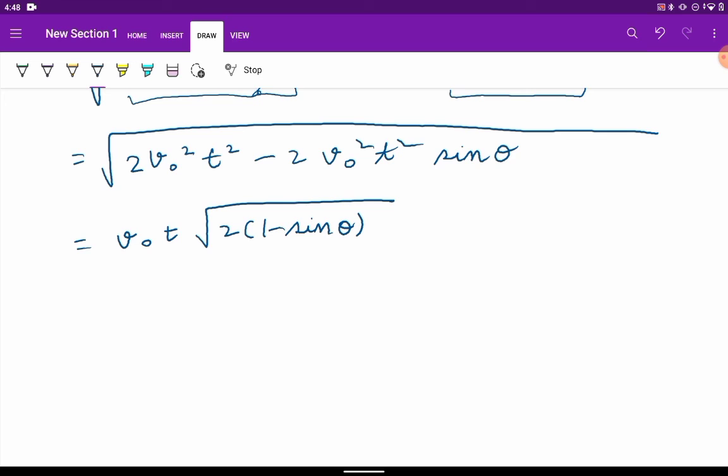You can now substitute the values of v naught, t and theta, and you can get the answer. This matches with the Irodov answer. Okay, that's that. Thank you.